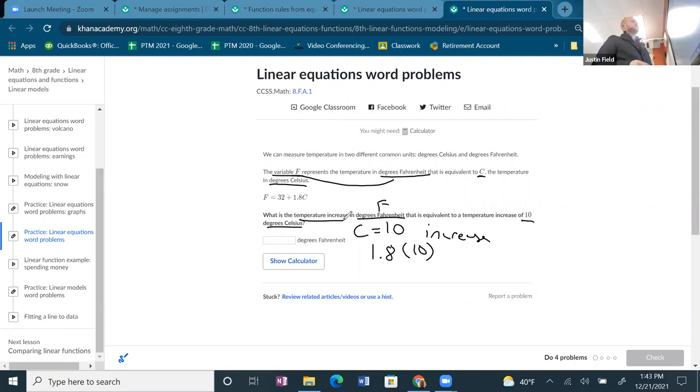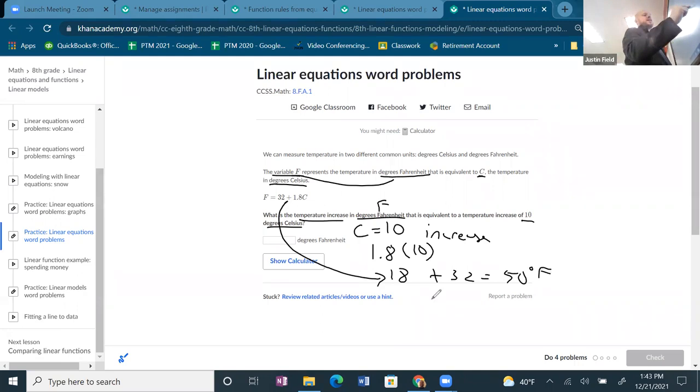So if I just multiply these two together, I get 18. And if I were to add the 32, I would get, see, what I did was I substituted in. 18 plus 32 is 50. So this tells me that 10 degrees Celsius is equal to 50 degrees Fahrenheit.